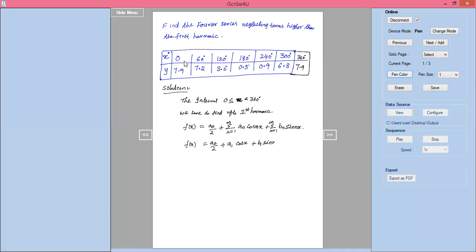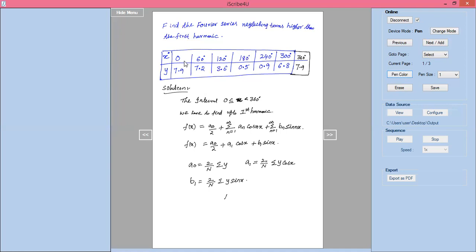This is that f of x. Now a naught equals 2 by n into summation of y, a1 equals 2 by n into summation of y cos x, b1 equals 2 by n into summation of y sin x. Is it clear?